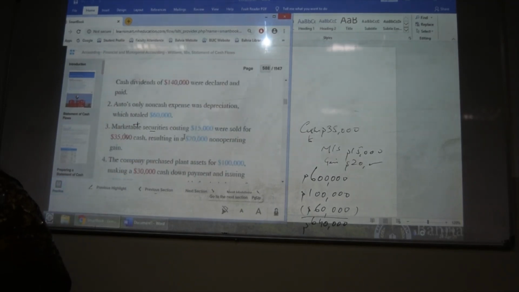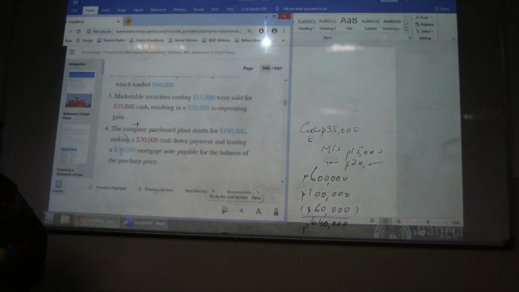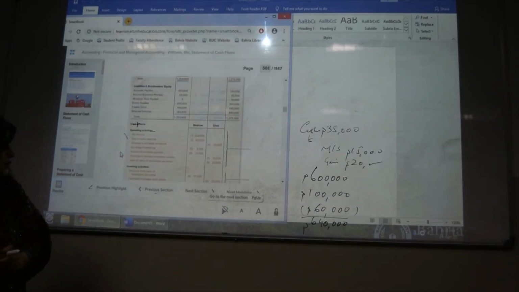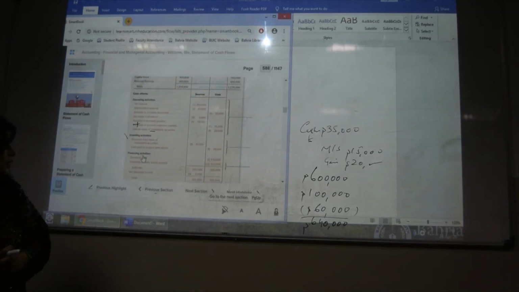See, they say that marketable securities costing 15,000 was sold for 35,000 cash, resulting in a 20,000 non-operating gain. Now the question naturally arises, if it's a non-operating gain, then why is it included in the operating activities? The reason is because, when we were calculating the net income, this included the gain.